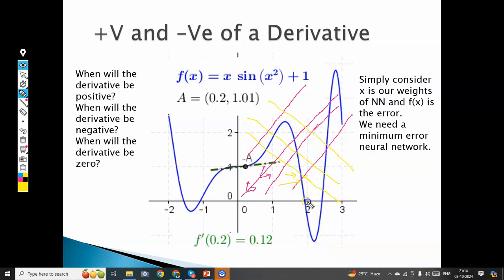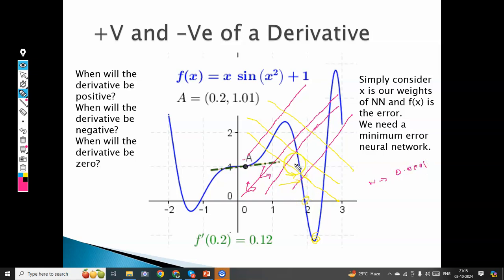Now we have to reach this minimum error. This is 0 error, so let me consider this our minimum error. Here what we will do is change our weight value. In every epoch we will change our weight by a slight increment, that is a learning rate, 0.007.